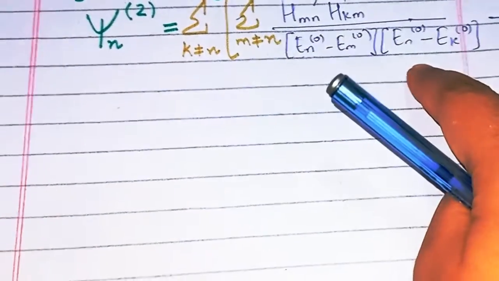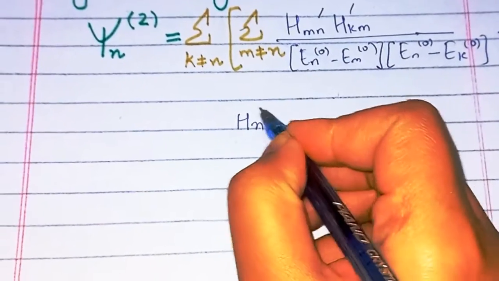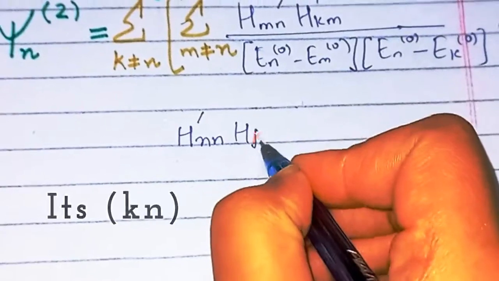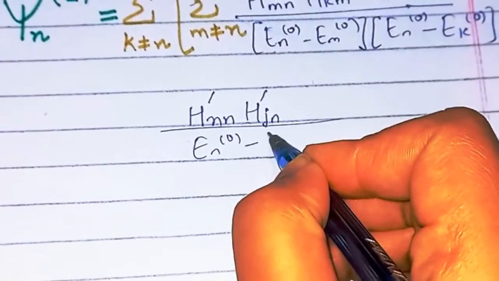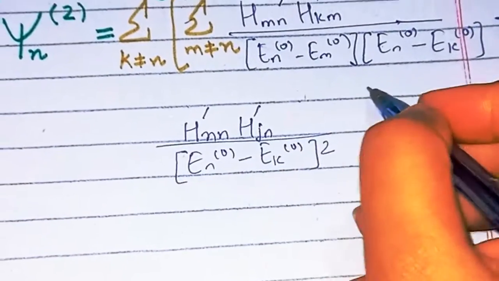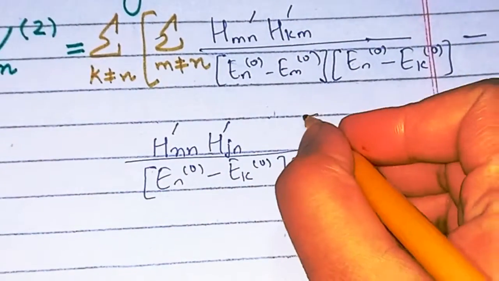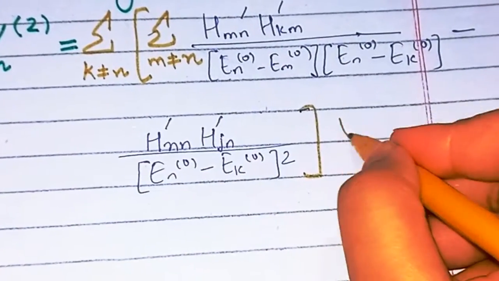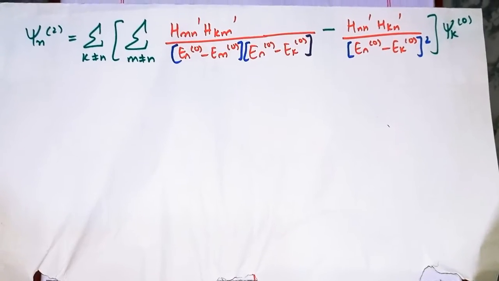This is one term and we have another term, H_nn prime H_kn prime divided by En of 0 minus Ek of 0 whole squared, and we have this bracket, that bracket closes, into psi k of 0. Well, this is the formula in its full glory.